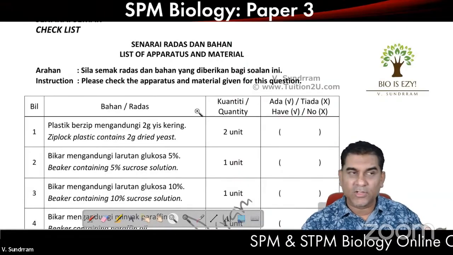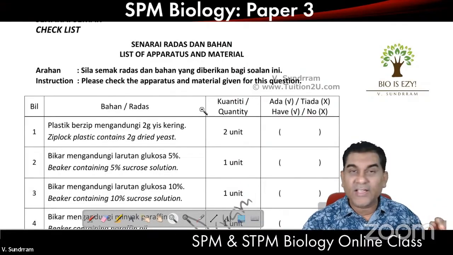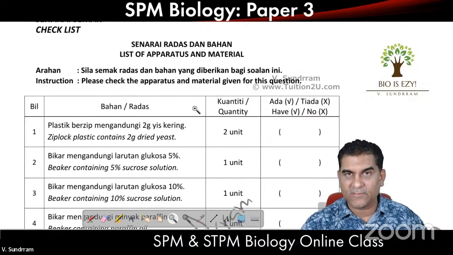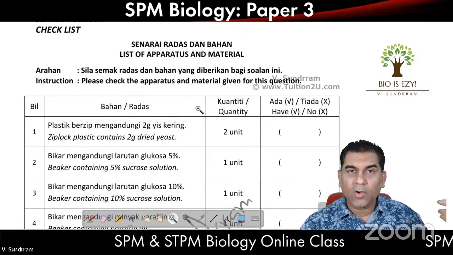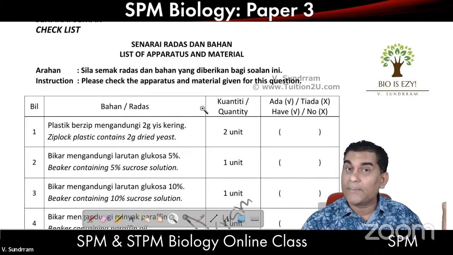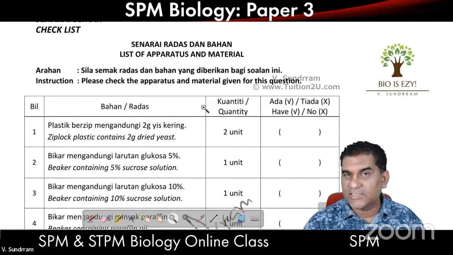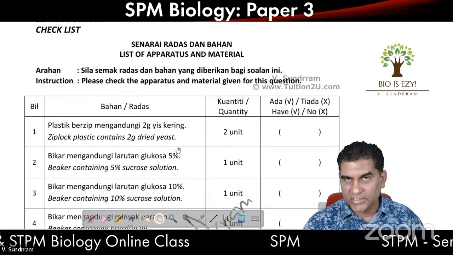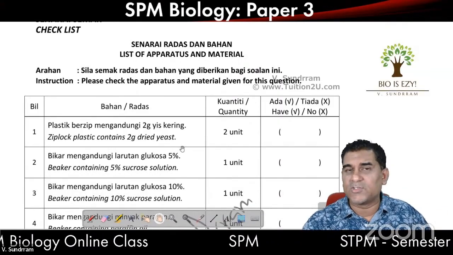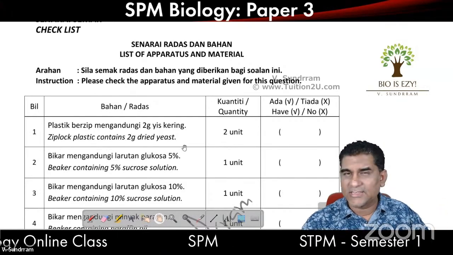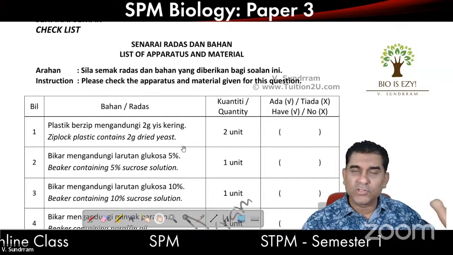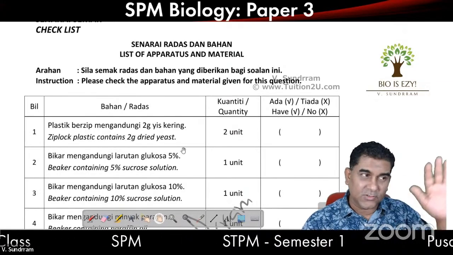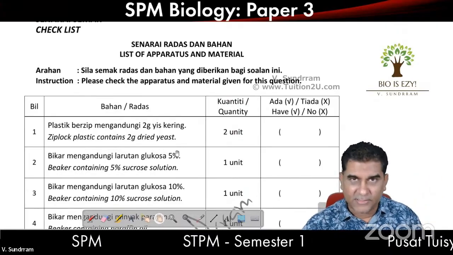Generally for biology, if there are any devices, make sure the devices are working, for example a thermometer or a stopwatch. If you have any mechanical device, make sure it's functioning properly. Other than that, just make sure all the other components are given. Test tube, for example, check whether there is a crack or anything like that. So you use that 10-15 minutes to go through the apparatus and material.